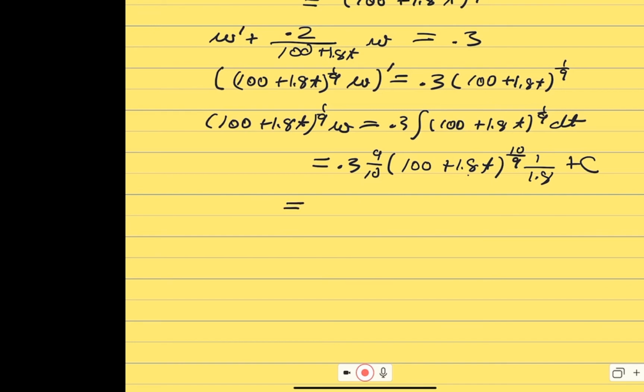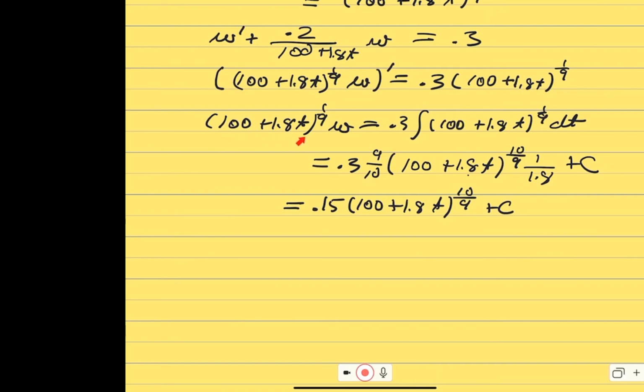And you do a bit of arithmetic here, and this is 0.15 times 100 plus 1.8 t to the 10 over 9 plus c.